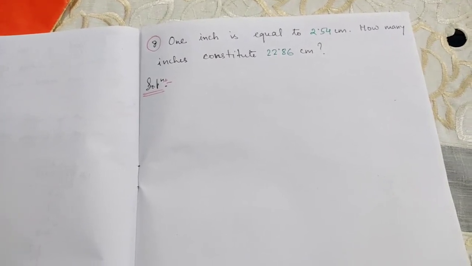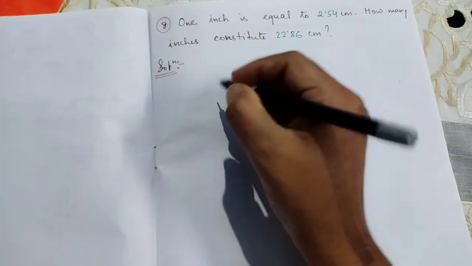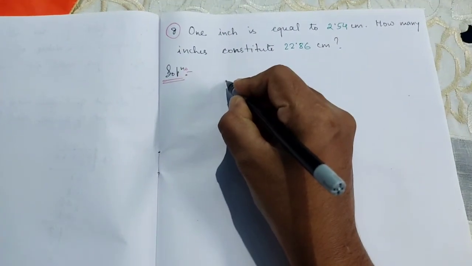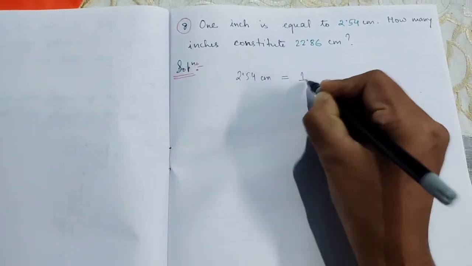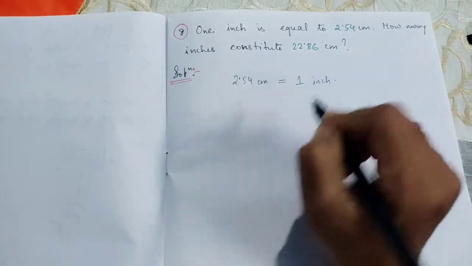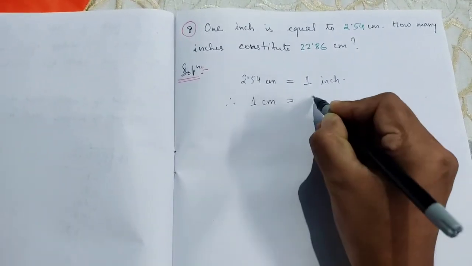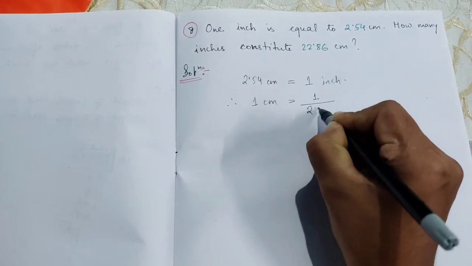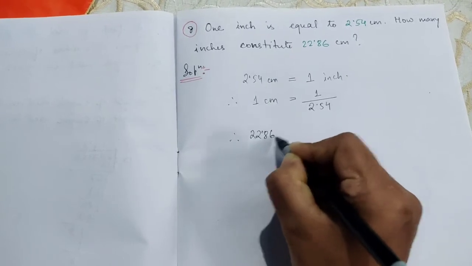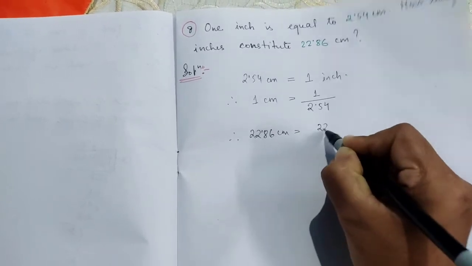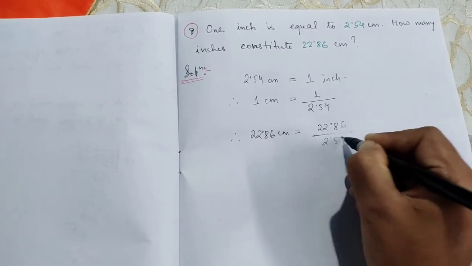We will have to do division. How will you do it? Let's do it. 2.54 centimeter is equal to 1 inch. So therefore 1 centimeter is equal to 1 by 2.54. Therefore 22.86 centimeter is equal to 22.86 divided by 2.54.